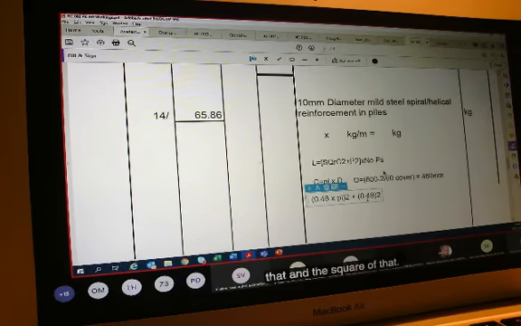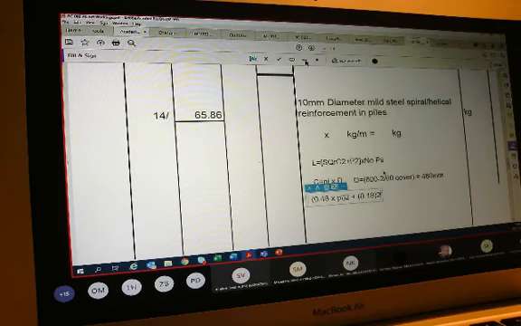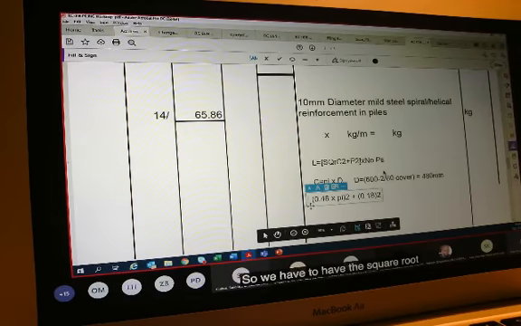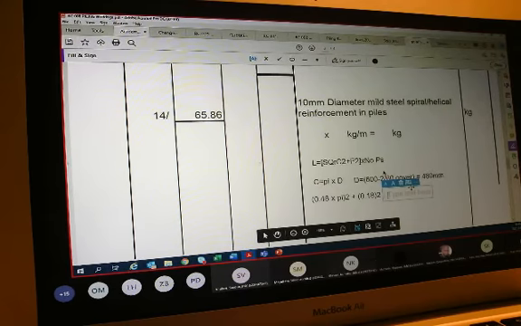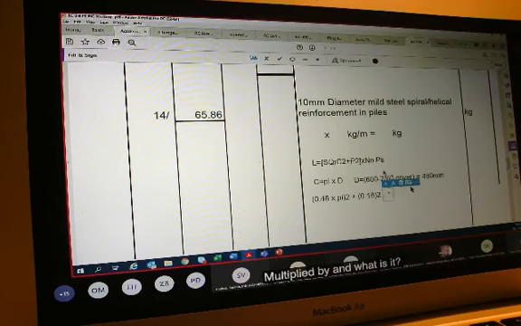And then I have plus P. We were given P as 180 millimeters, so I say plus 0.18, and the square of that.